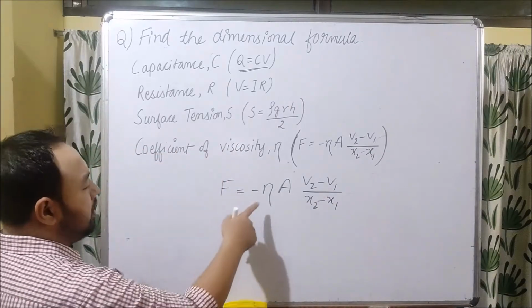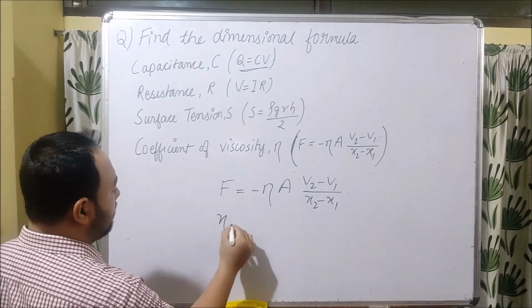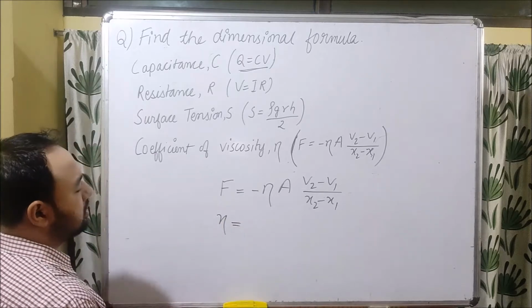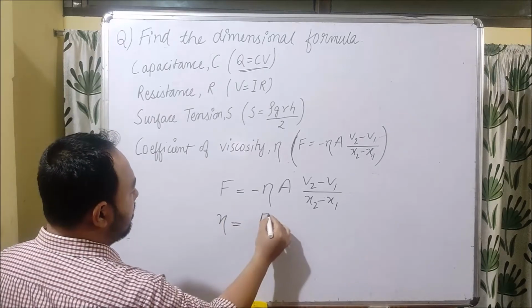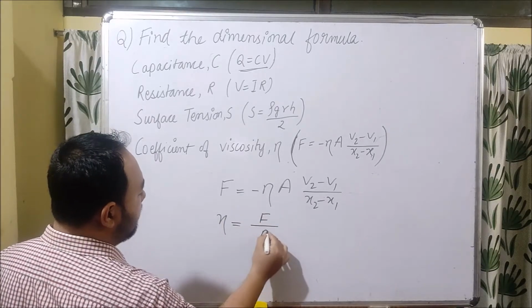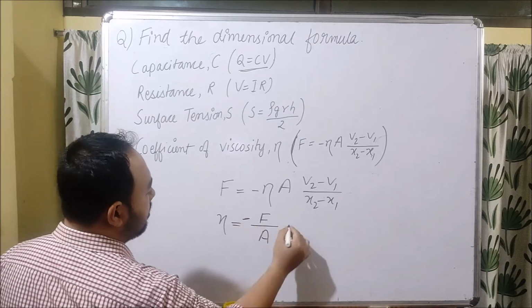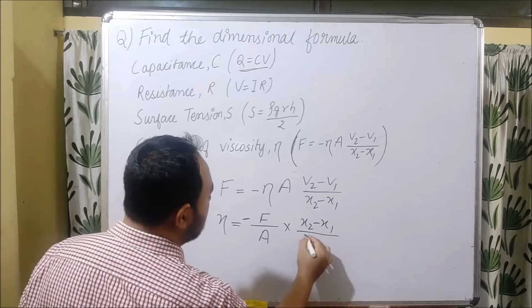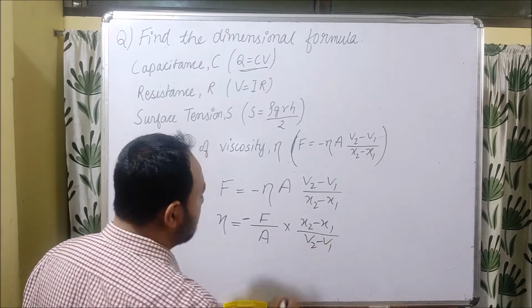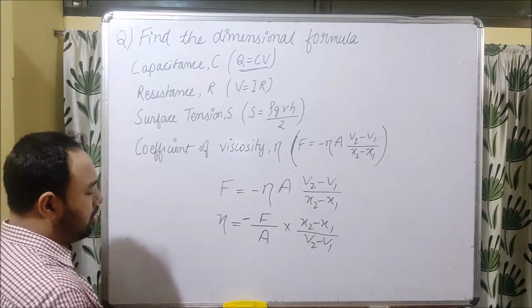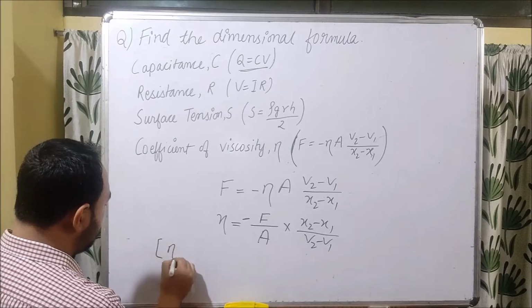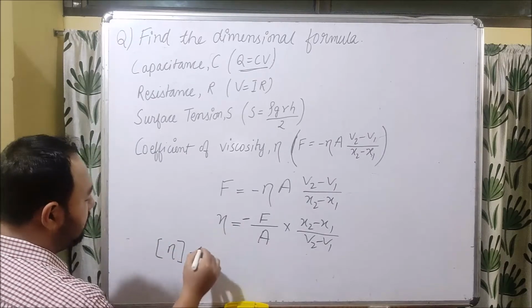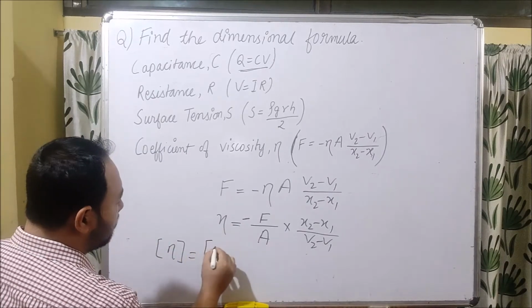Okay, so from here we will find that coefficient of viscosity is equal to F by A into (x2 minus x1) by (v2 minus v1). So first we will write the dimensional formula for force.